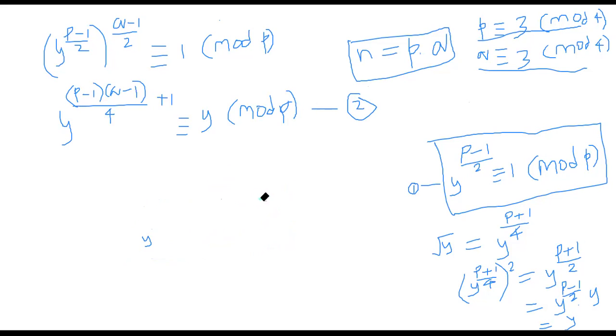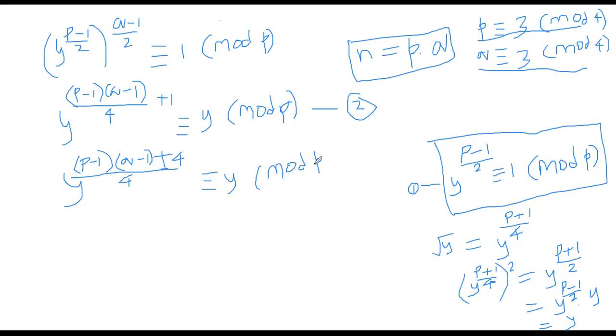So we will be able to say that y power (p-1)(q-1) plus 4, over 4, let me first simplify this one moment, is congruent to y mod p.